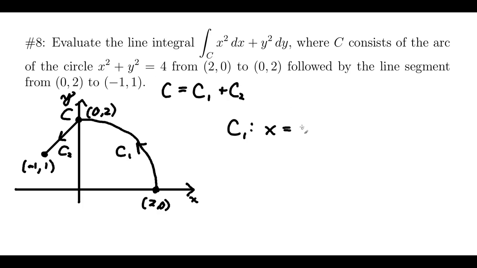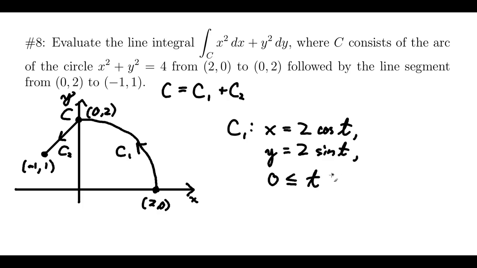But again, since our radius is 2, we want x equals 2 cosine t, y equals 2 sine t, where t runs from, thinking of t as an angle, 0, where we're starting, up to pi over 2, where we end.